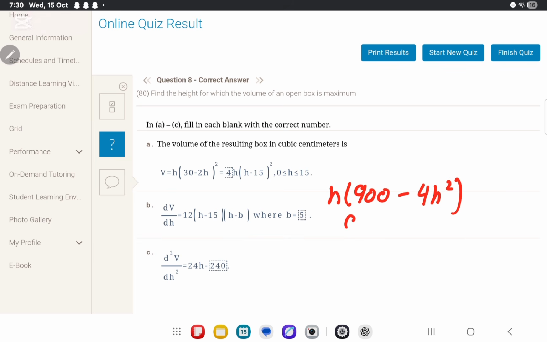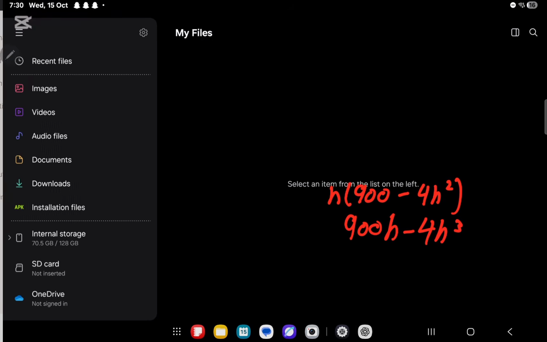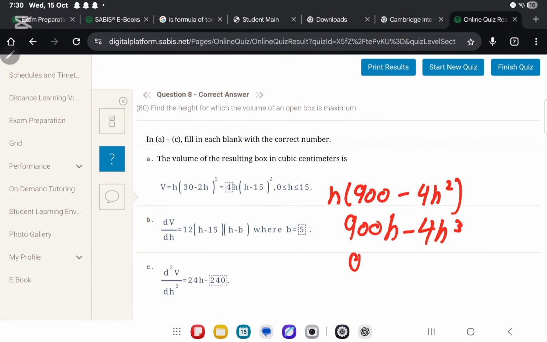So it's going to be 900h minus 4h cubed. Now derive this, you're going to get 900 minus 12h squared.